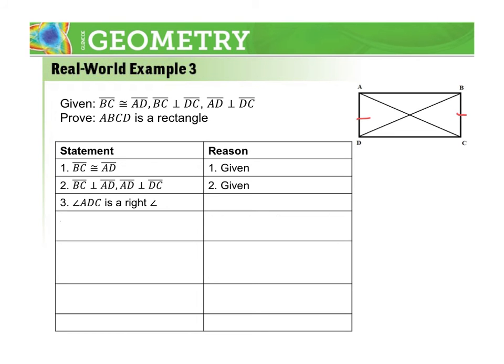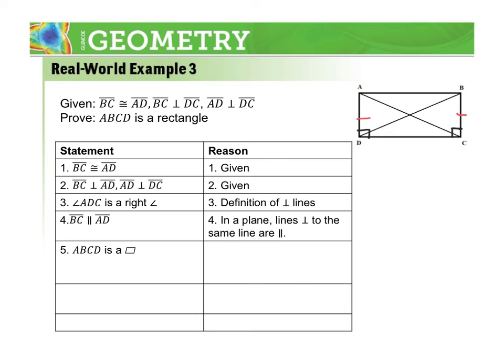What is the reason that angle ADC is a right angle? Angle ADC is a right angle by the definition of perpendicular lines. Then what is the reason that segment BC is parallel to segment AD?